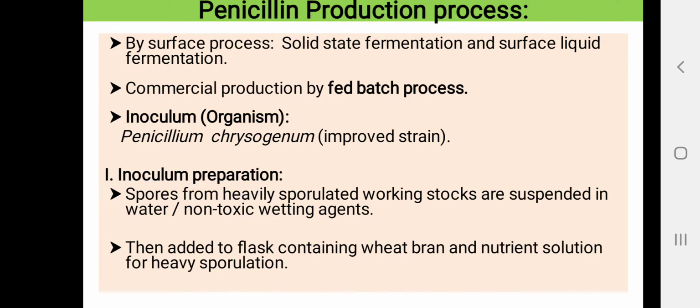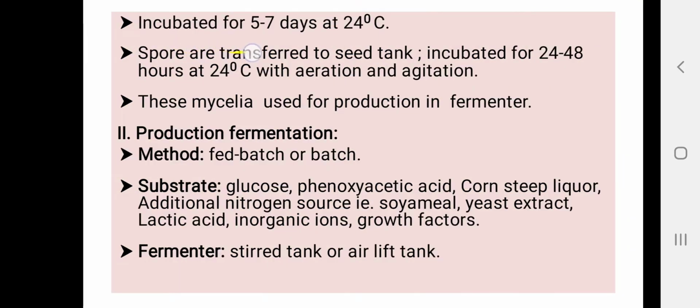Inoculum preparation. The spores from heavily sporulated working stocks are suspended in water or in non-toxic wetting agents. These are then added to the flask which contains the media, that is the wheat bran and the nutrient solution, and this results in heavy sporulation. It is then subjected to incubation for 5 to 7 days at 24 degrees centigrade.